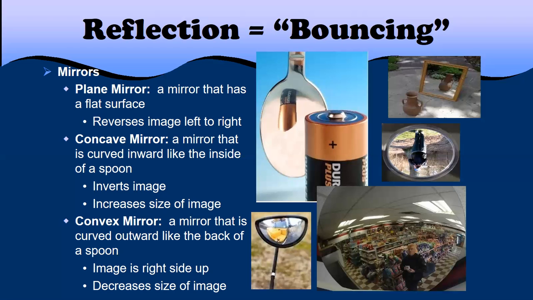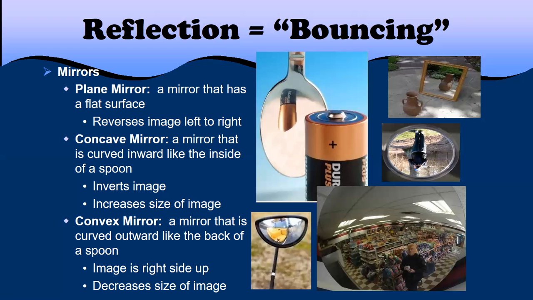What it does is it inverts the image. Now, inverts means it produces it upside down. So if it inverts this image, see how the Duracell has a copper top and a black bottom? If it's inverted, it'll have a black top and a copper bottom. So concave turns that image upside down.